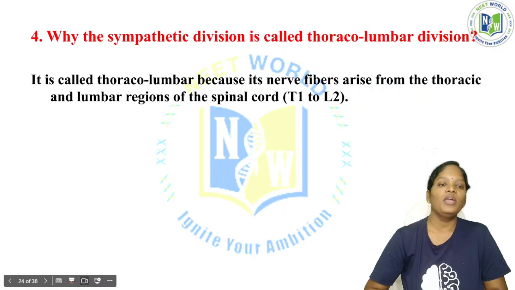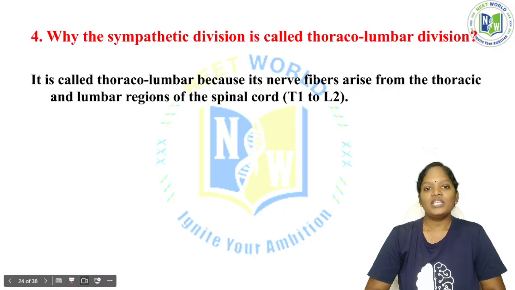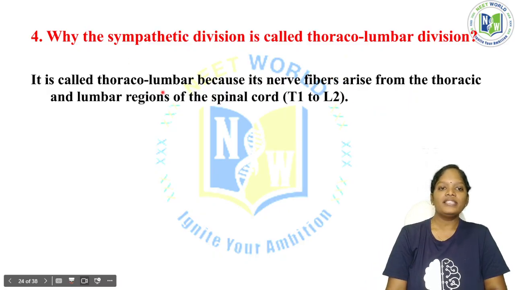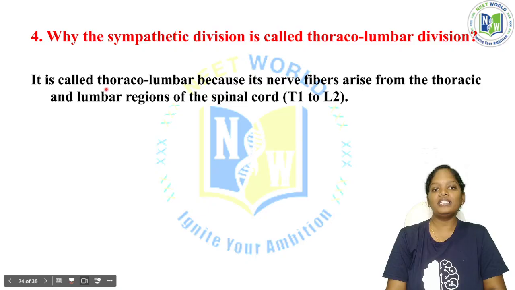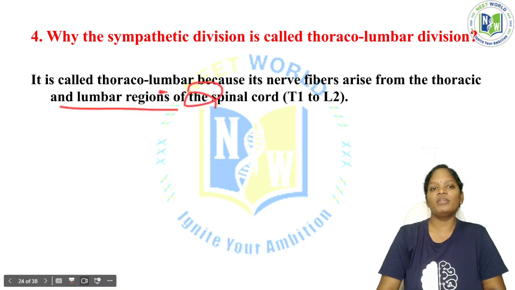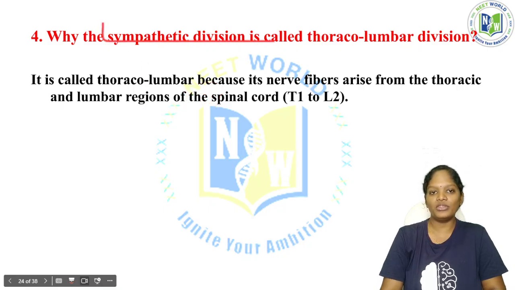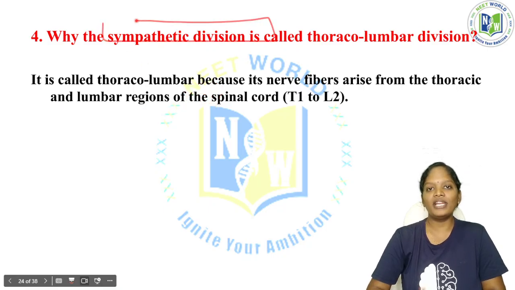Now, why is the sympathetic division called the thoracolumbar division? It is called thoracolumbar because its nerve fibers arise from the thoracic and lumbar regions of the spinal cord. There is no critical explanation in this question.